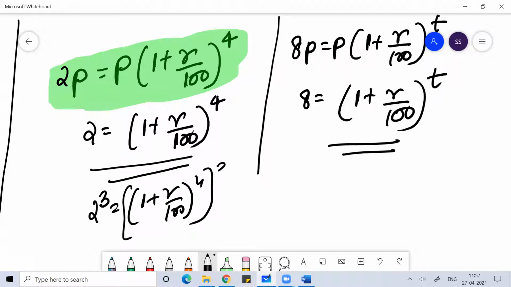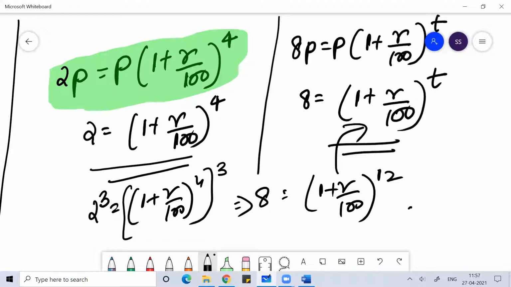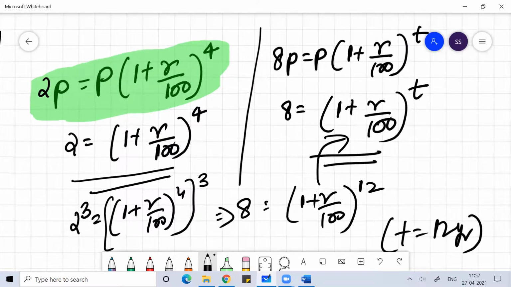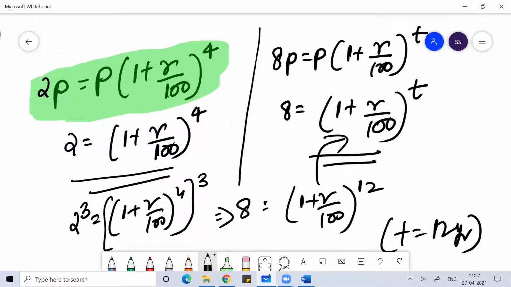If you take the cube of this equation, you'll get 8 is equal to 1 plus R by 100 to the power 12. With this, you'll get the value t is equal to 12. So it will become 8 times in 12 years. Very simple. One of the very common, very important questions which comes in many exams. So make sure that you are able to do that.